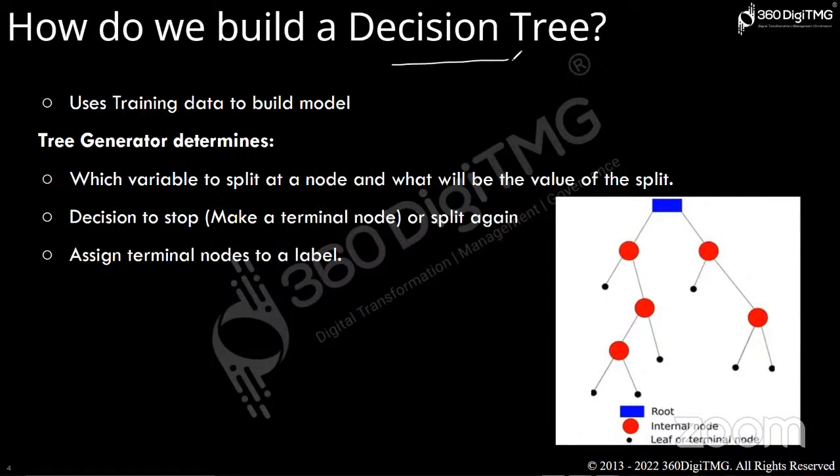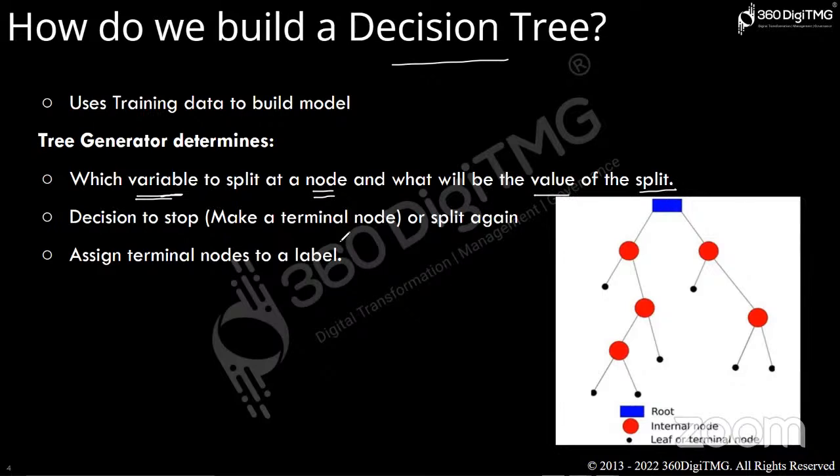So how do we build a decision tree? First of all, we'll have to select a variable which we can split at the node. At each decision node, we'll have to select a variable by which we can split that node. And we'll also have to select the value of the split.